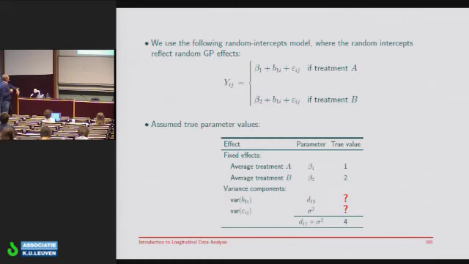So how can we do that? Well, we can build a linear model, and it's going to be a linear mixed model, where you say I have an average effect beta 1 for treatment A, an average effect beta 2 for treatment B, but then I have a doctor effect, which is actually a random intercept.